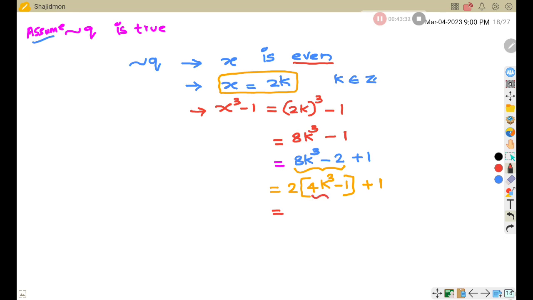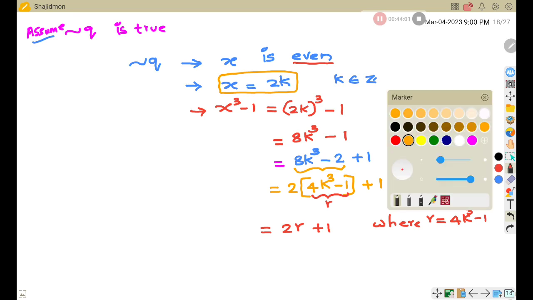If I take this 4k power 3 minus 1 as r, for example r, how do we write that step? It equals 2 times r plus 1, correct? Because 4k power 3 minus 1 is r, where r equals 4k power 3 minus 1, okay? So we got 2r plus 1.